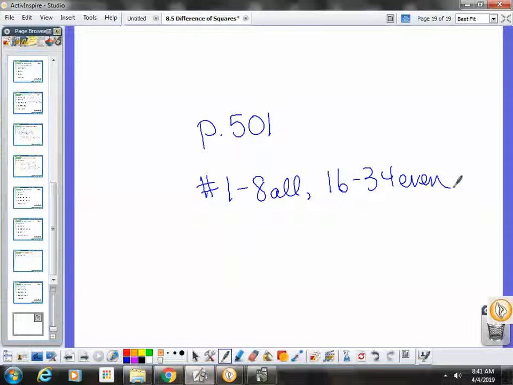This may go on to the next page. Does anybody have their book there yet? 501 to 502. I think it's 501 to 502. Numbers 1 through 8 and 16. 1 through 8 all, and 16 to 34 even.